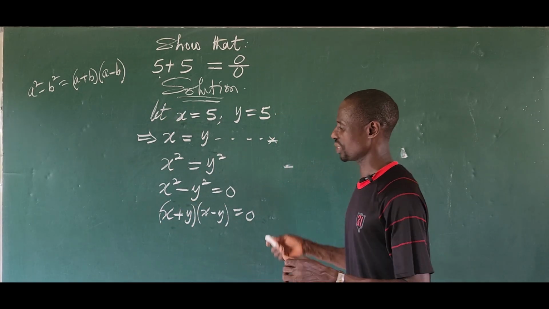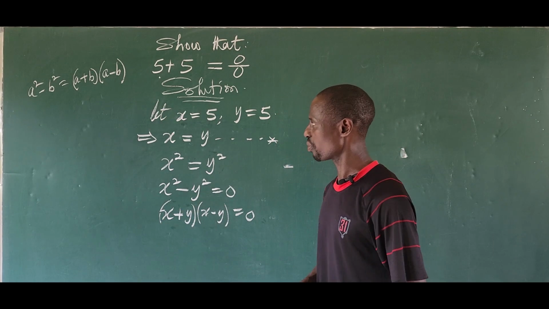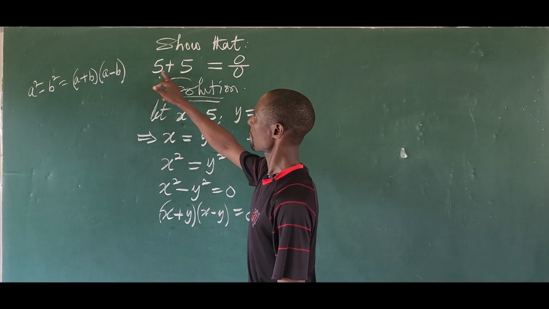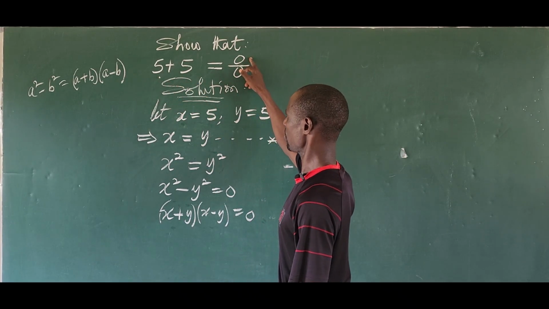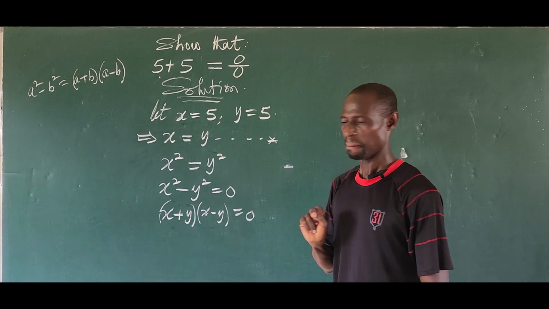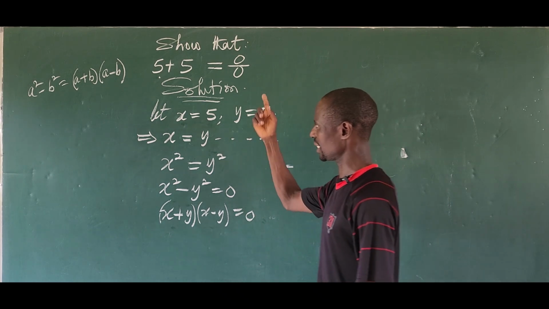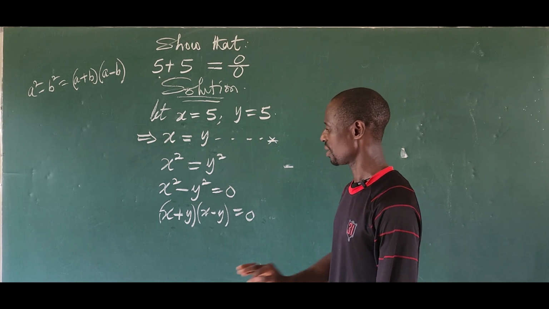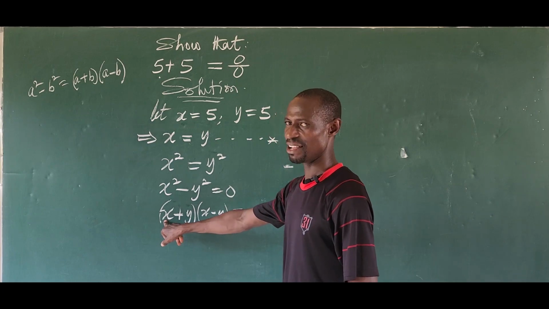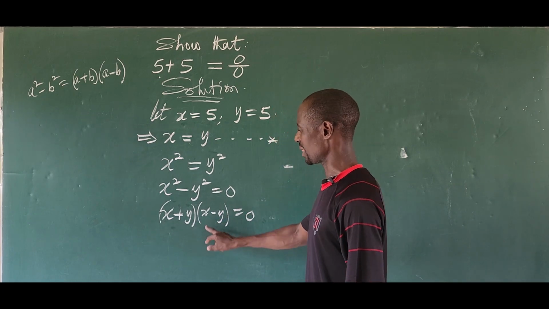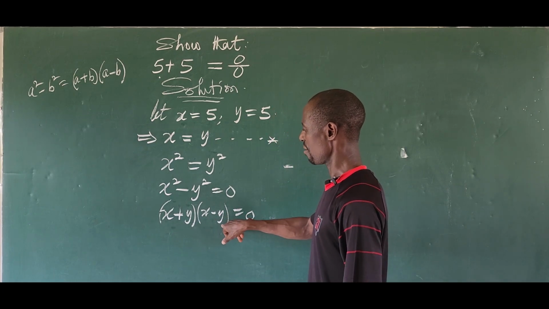All right. So look at what we are asked to prove here. We're saying this plus this is equal to 0 over 0. Now, how do we achieve this? It is very easy. We know that this is 5 plus 5, and this is 5 minus 5.